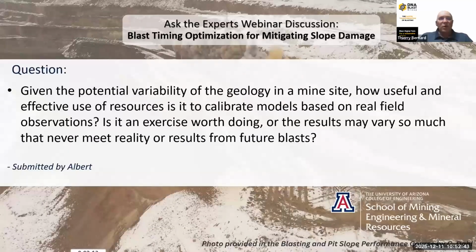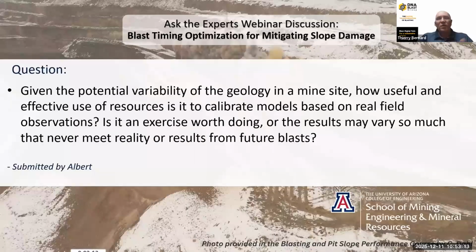And this is giving great information that you can use to calibrate the model. Also, flying the drone before and after the blast to get the terrain before and the muck pile shape afterwards. And using all this data, we have the experience that the digital twin model that we use can get to an accuracy that is less than 10% globally.